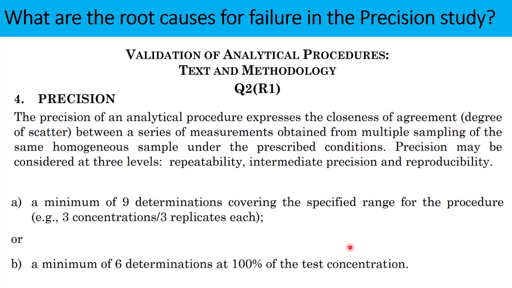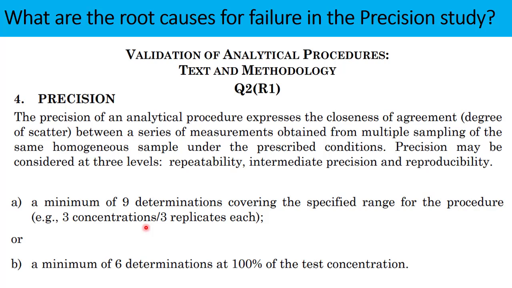So the precision study can be conducted with the help of 9 determinations, right? By covering the specified range for the procedure. That means, what is the range of your analytical procedure? The lowest concentration can be your lowest range, the highest concentration can be the highest concentration in the range study, and the third concentration can be the 100% or the specification level.